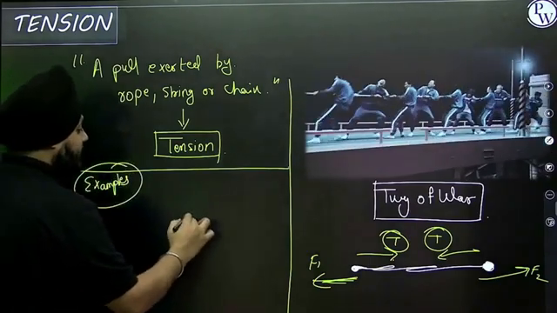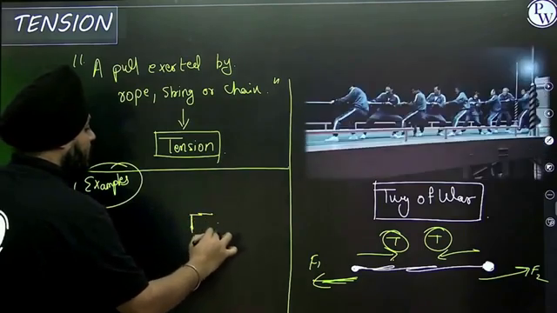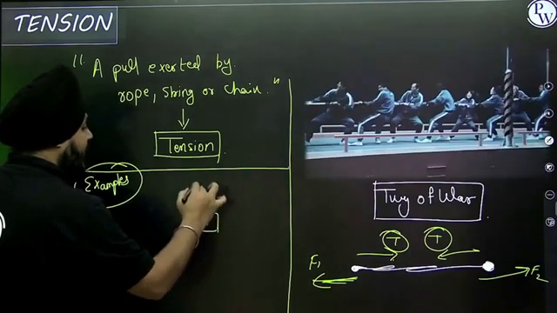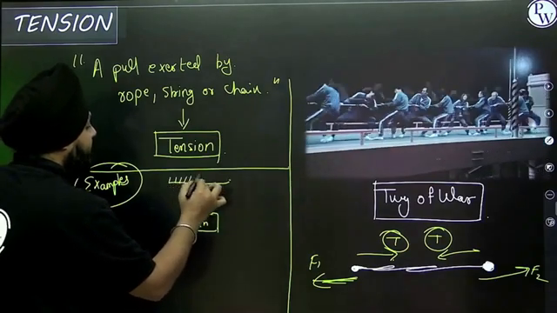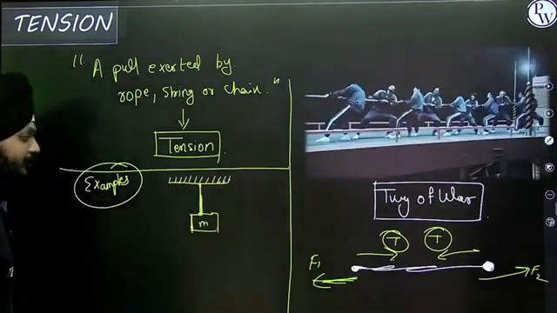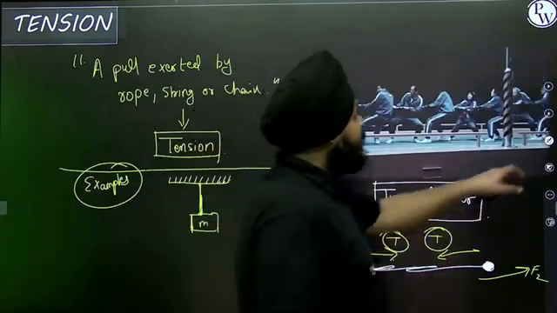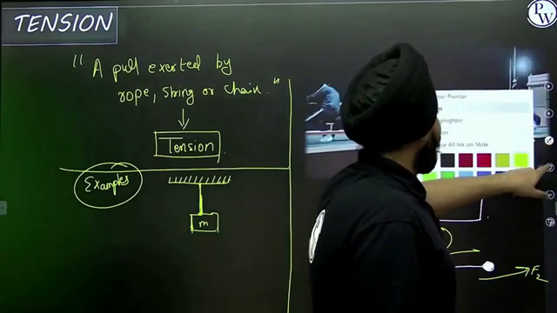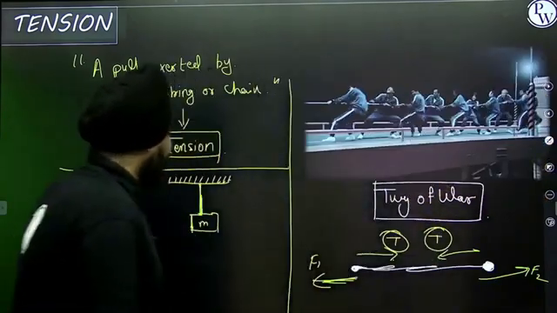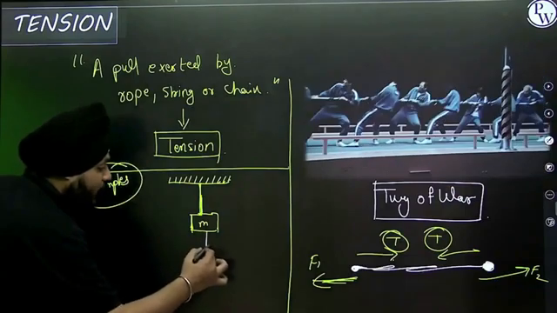Let us take an example. Suppose a block of mass m is attached to a string or a cable, and it is attached to the ceiling. In this case, what kind of force is exerted? Its weight is acting in the downward direction.